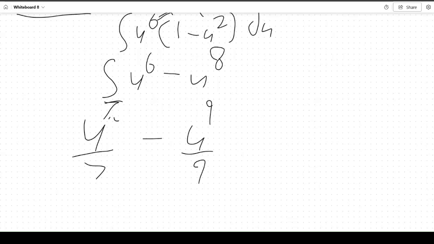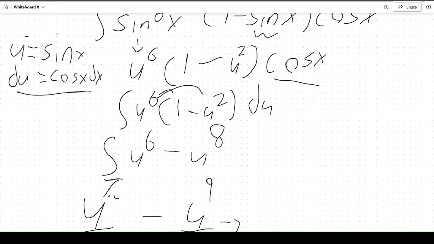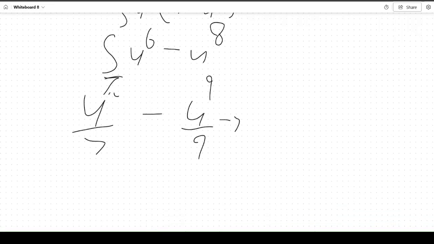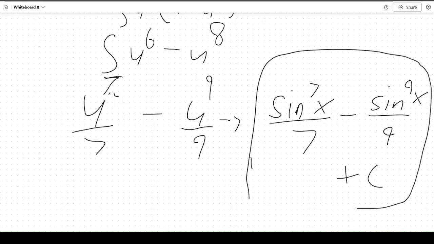And once we're done, we can plug back in what we had for u. So we plug in sine for u. So this would be sine to the power 7x over 7 minus sine to the power 9x over 9 plus c.